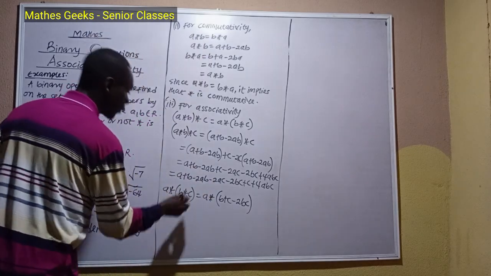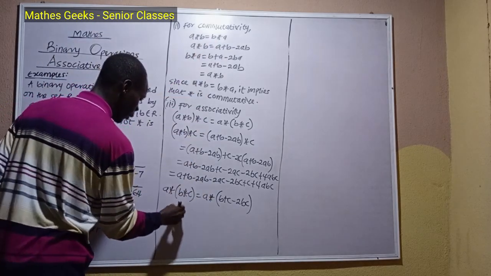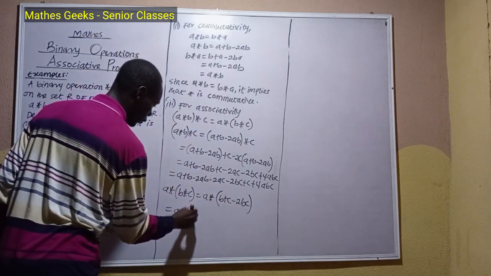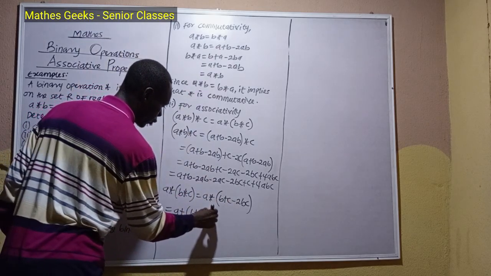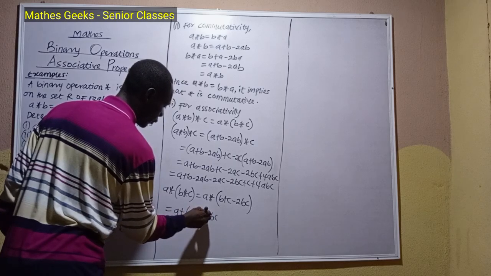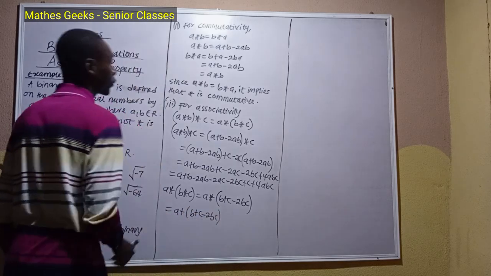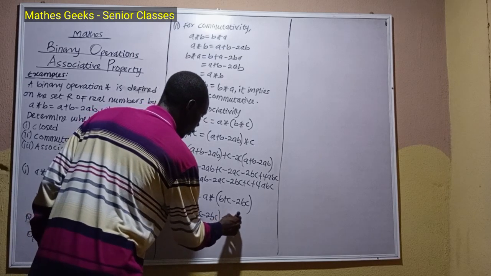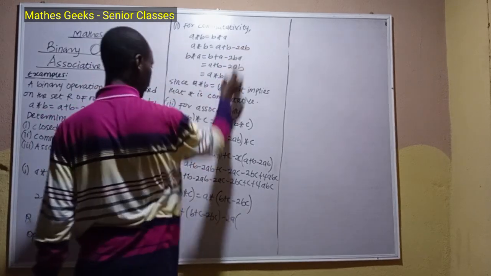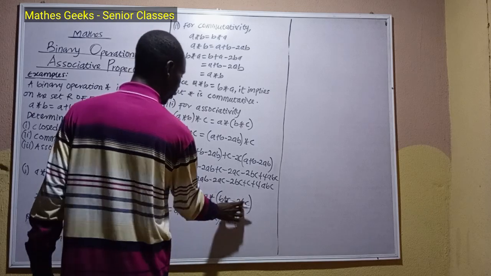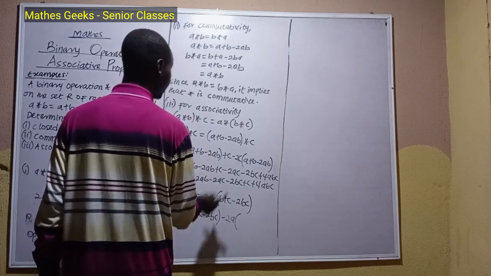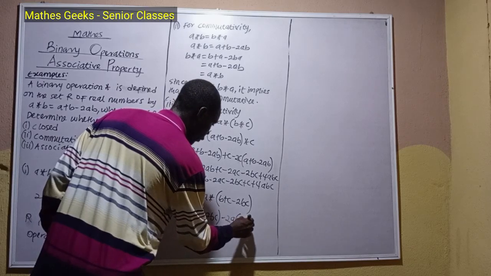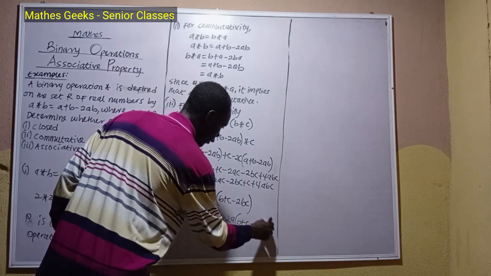So that will give us A plus B plus C minus 2BC, minus 2 times A times B plus C minus 2BC.